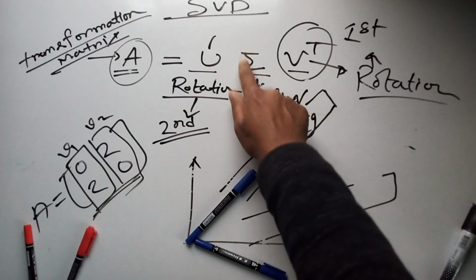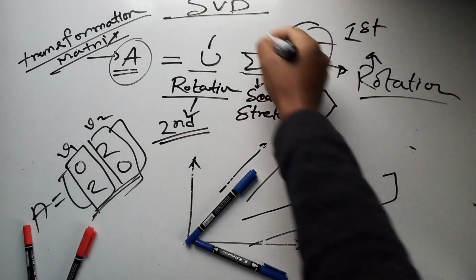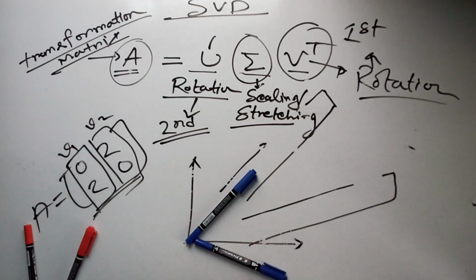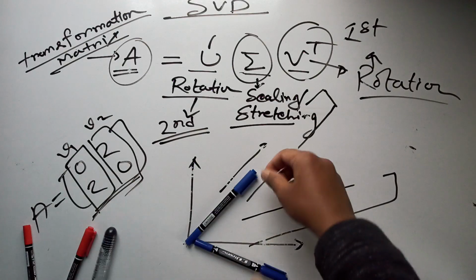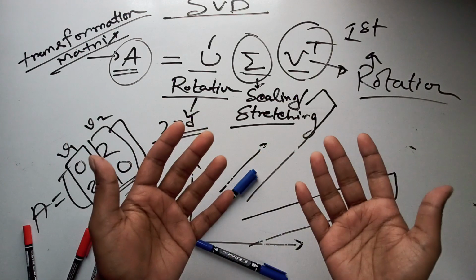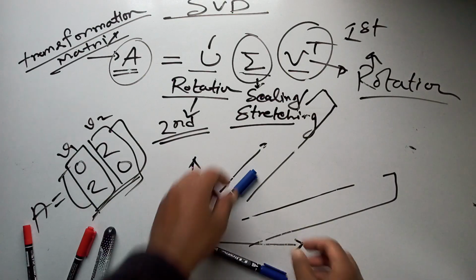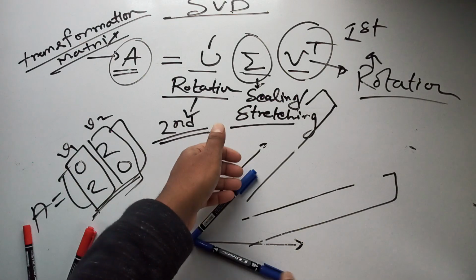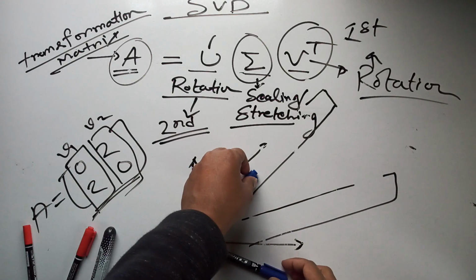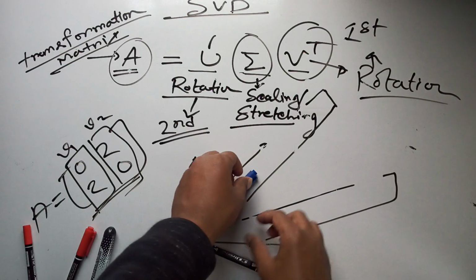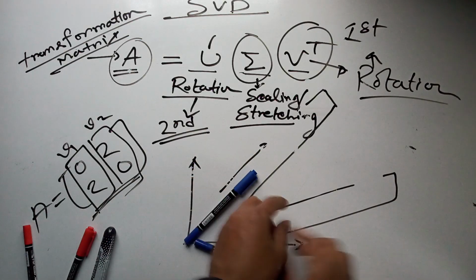And then the next thing, what I said, stretching. See, I have two hands, and I'm walking in this direction. I picked these two vectors and stretch these two vectors.